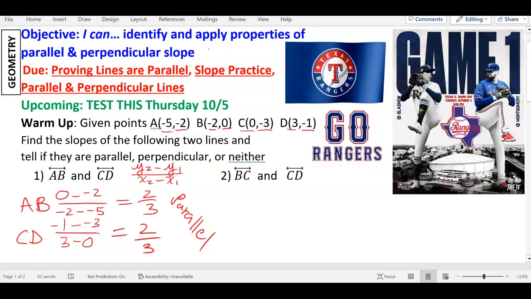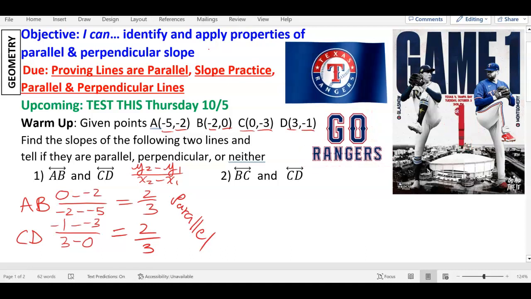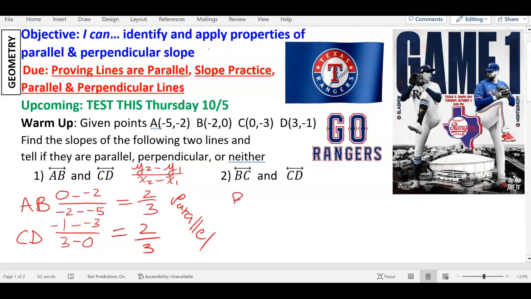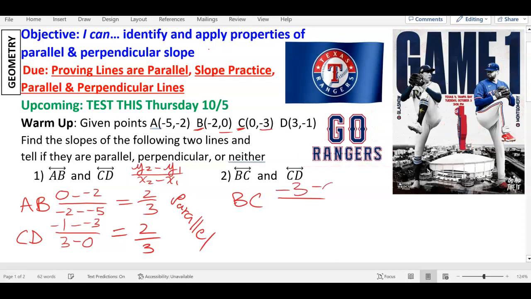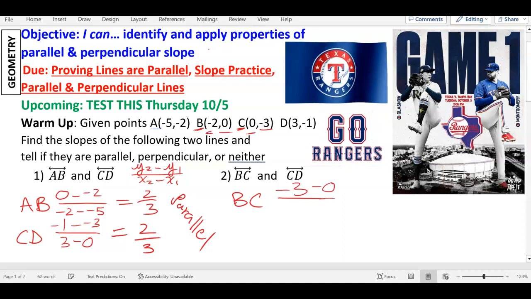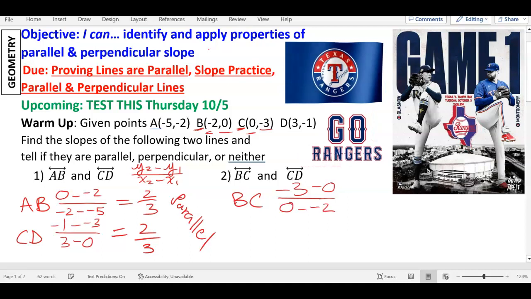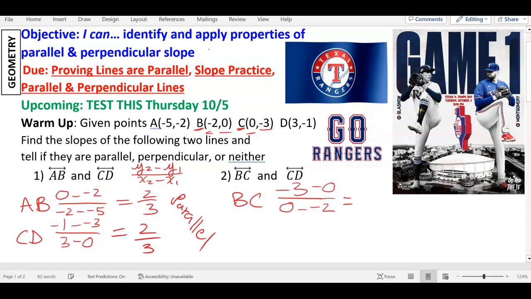Now, number 2, same idea. Find BC. So we have not done BC yet. So I'm going to have to make a new fraction for BC. Draw a fraction bar using only B and C, y2 minus y1, negative 3 minus 0, over x2 minus x1, 0 minus negative 2. Can you type that in and get your slope?